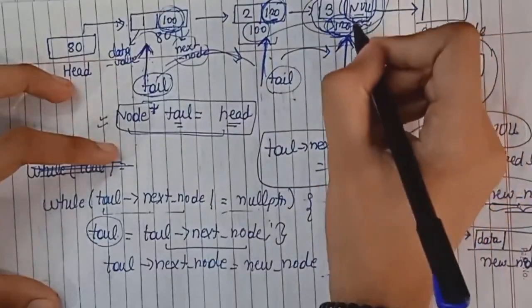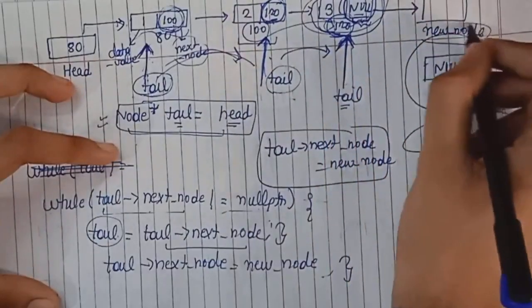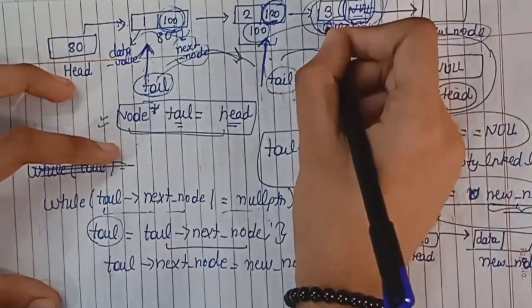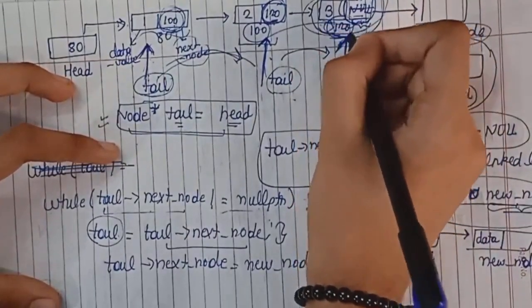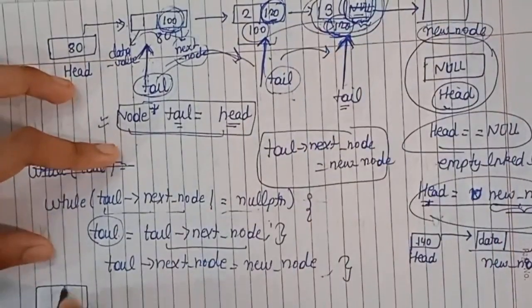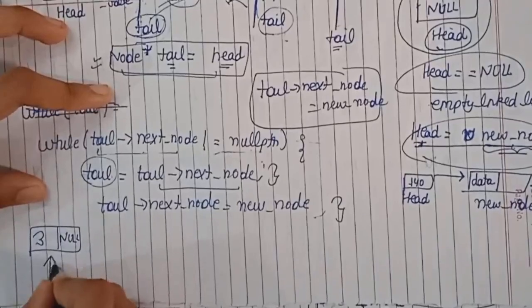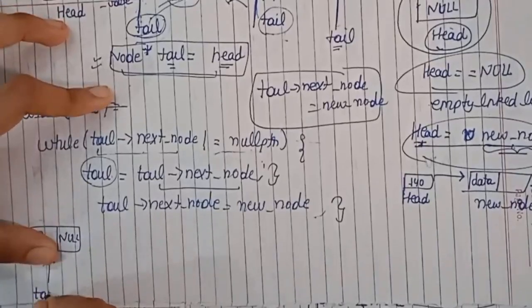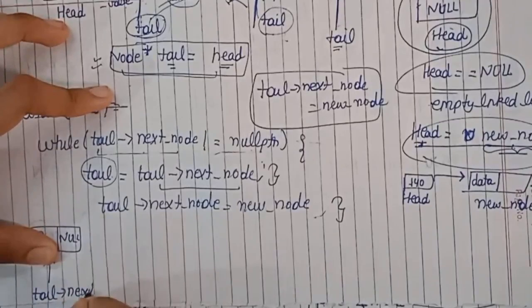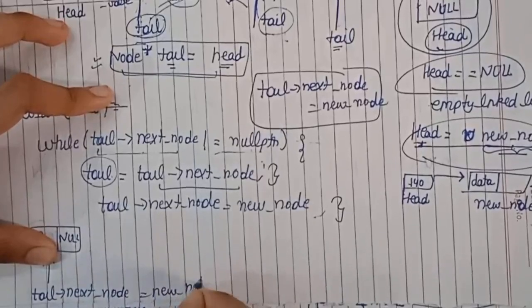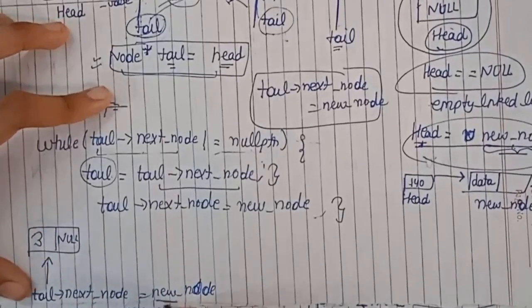Now once my tail is pointing to this, I can just put the address of this new node in the next node part of my last element of the linked list. So earlier the last element was like 3 null and my tail was here. By doing tail next node is equal to new node, I have just put the address of new node.